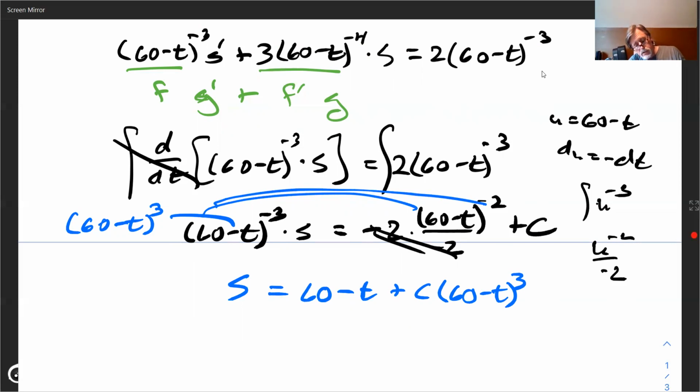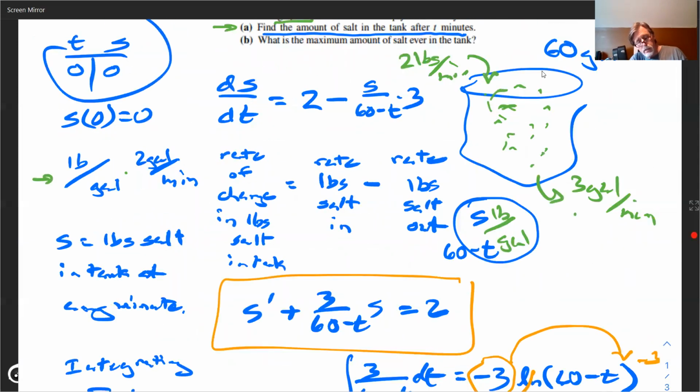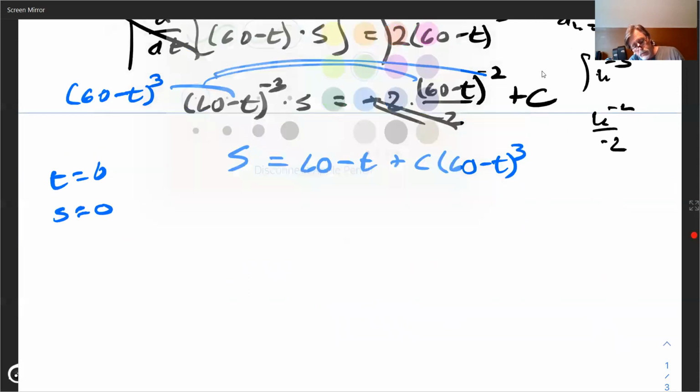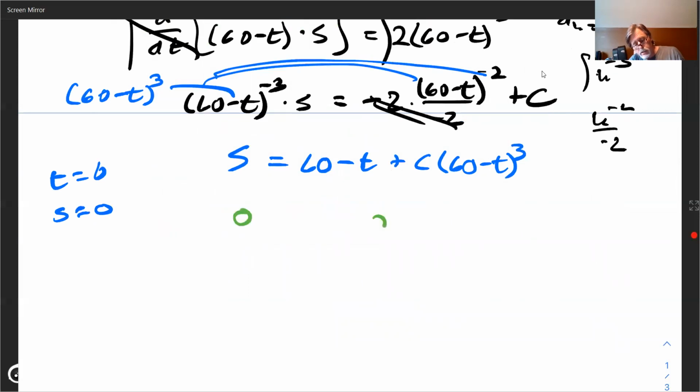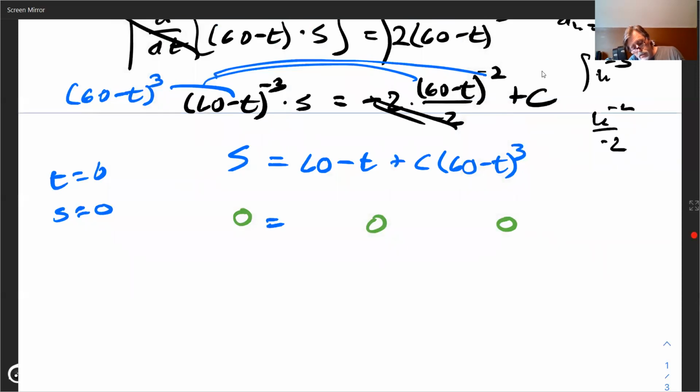But now go all the way back. Remember when time t is equal to 0, in this table I was doing, you get 0 for s, because it starts off with no salt. So we're finally going to plug that in. I'm going to put a 0 here, a 0 here, a 0 here, and hopefully we can find c. So 0 is equal to 60 take away 0, plus c times (60 take away 0) cubed.